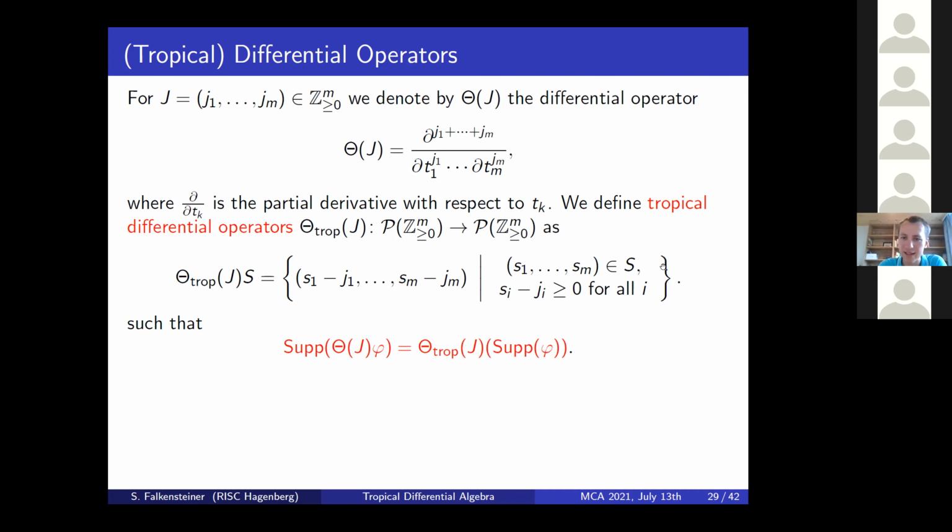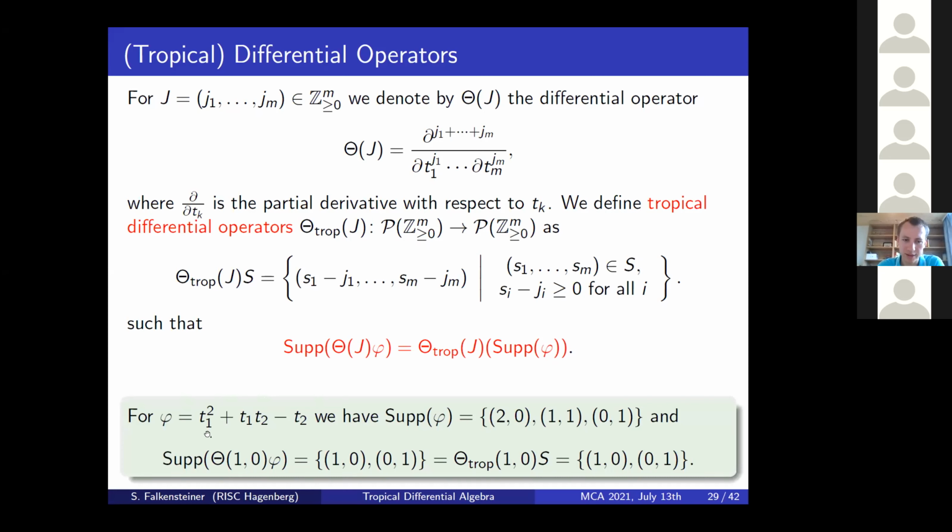So this is exactly what is written here, and this is also why we have this equation. If we take the support of a differential operator applied to a multivariate power series, this is the same as applying the tropical differential operator to the support of this power series.